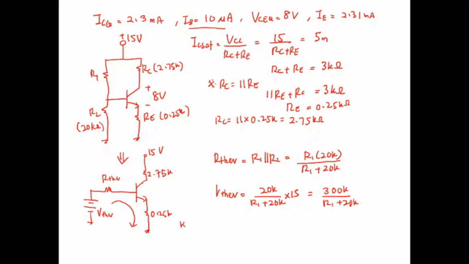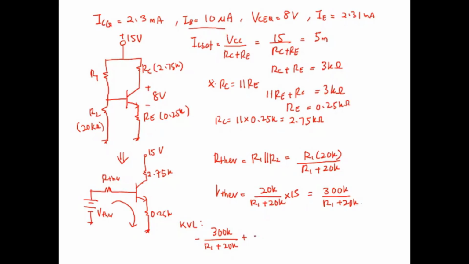So we do KVL here. KVL for this one is V Thevenin, which is 300k over R1 plus 20k. This is the supply, so we make it negative, and then plus the voltage drop at R Thevenin, which is IB times R Thevenin.